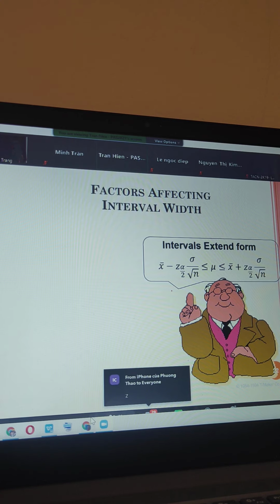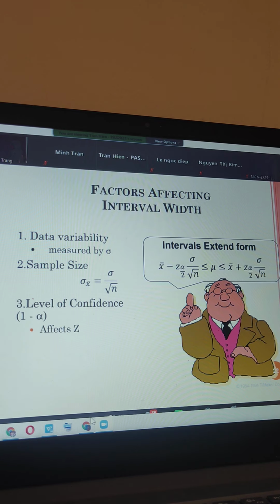Okay, the first one is the confidence interval, right? From Phương Thảo. The confidence level determines the value for Z. So when you change the level of confidence, 90% or 95%, it will affect Z. For the next, the sample size n.